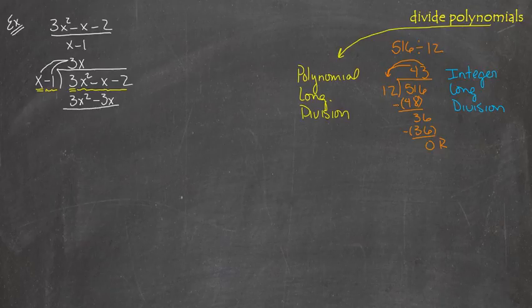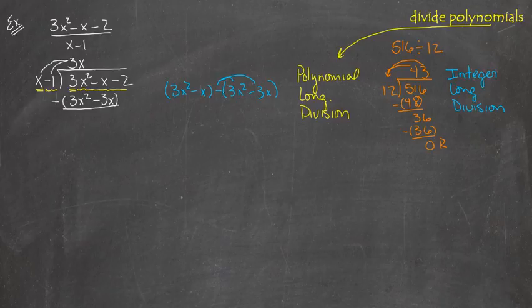We're going to do subtraction. I'm going to subtract this number from the number above. From 3x squared minus x, I'm subtracting 3x squared minus 3x. And remember, when we did this, we had to change the signs of everything inside to get rid of the parentheses. We're doing the exact same thing.